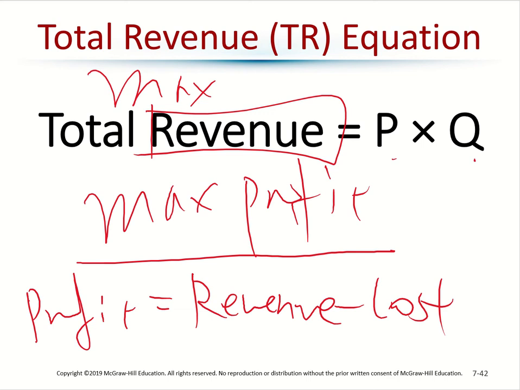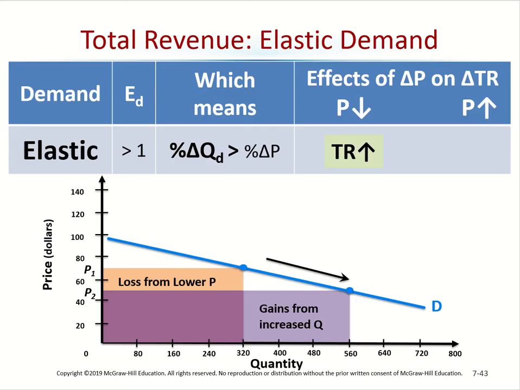Now, for revenues, we can use our elasticity to determine when and where the company revenue is maximized. If your demand is currently at a very elastic portion, that means our consumers care about the price change.